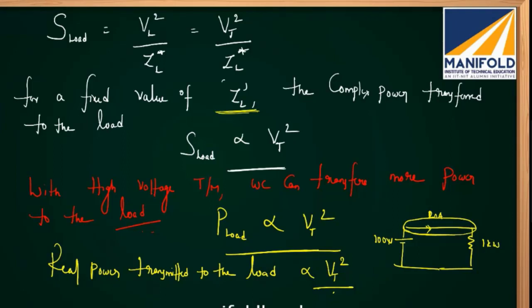Once we reduce the electric field intensity, we can reduce something called the corona effect.